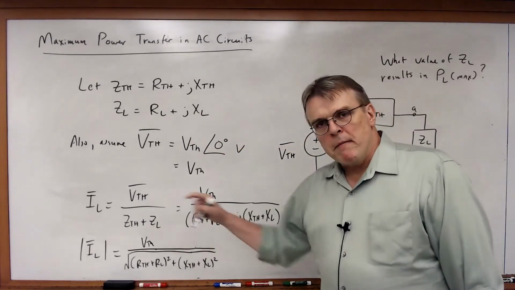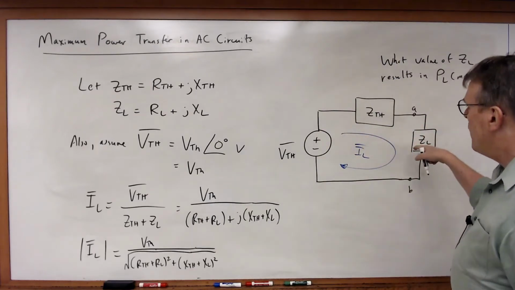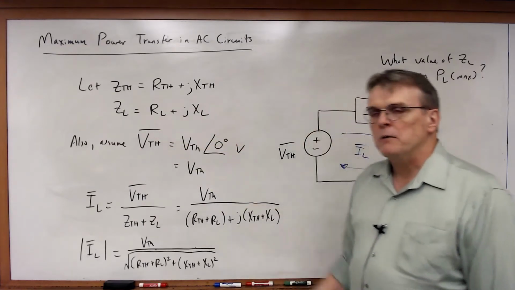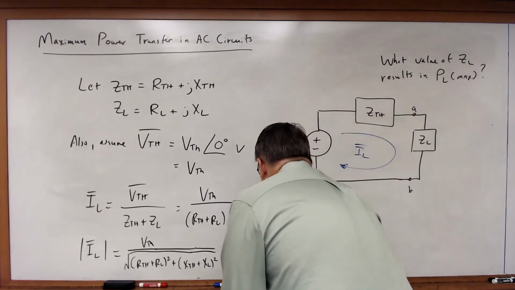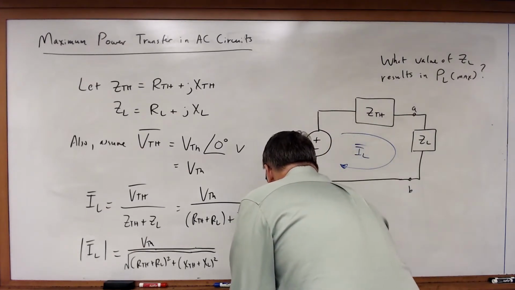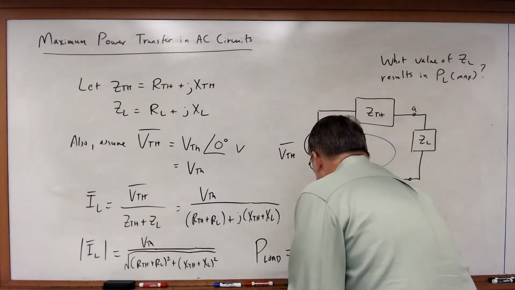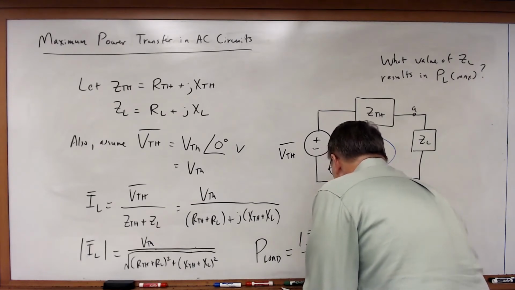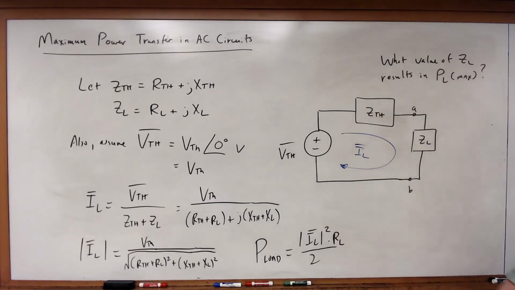And the reason I wanted the magnitude of the current is because I know that the real power is only going to be dissipated by the RL term in the load. And that power is going to be equal to that P load will be equal to the magnitude of IL squared divided by 2 times RL. So that is the power in the load.